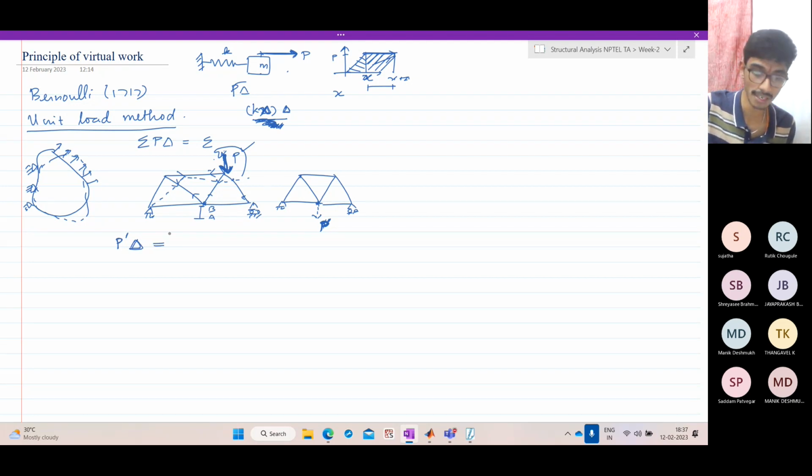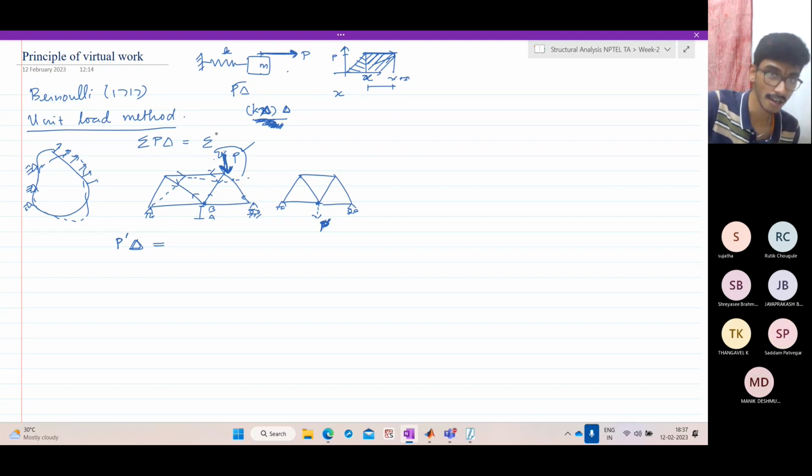What is it equal to? As I said, it should be equal to the summation of internal forces P times internal displacements delta in all the members.